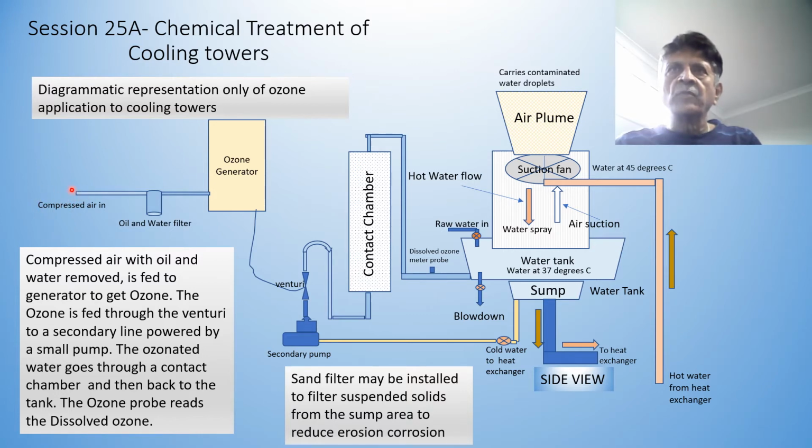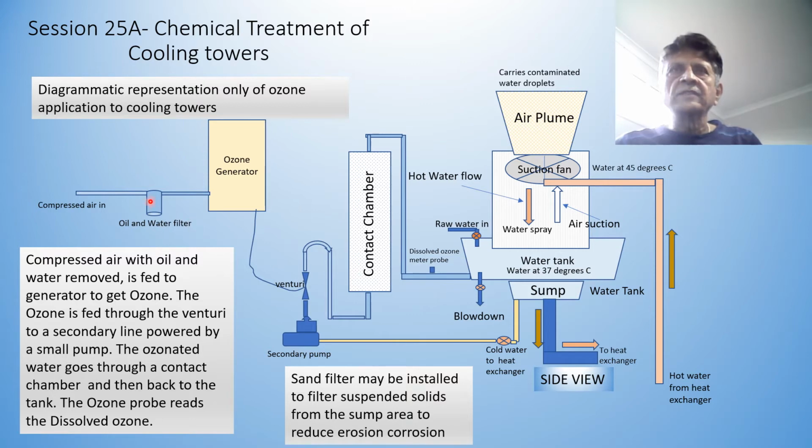The compressed air that is normally in the area in most of these cooling tower installations will have compressed air for refrigeration systems and use of valves, closing and shutting down of valves. The compressed air must be oil and water free.